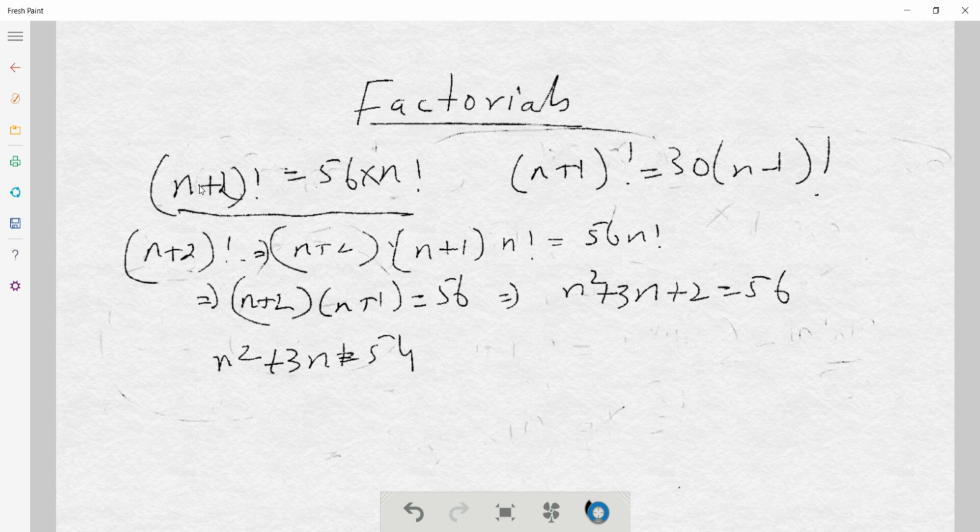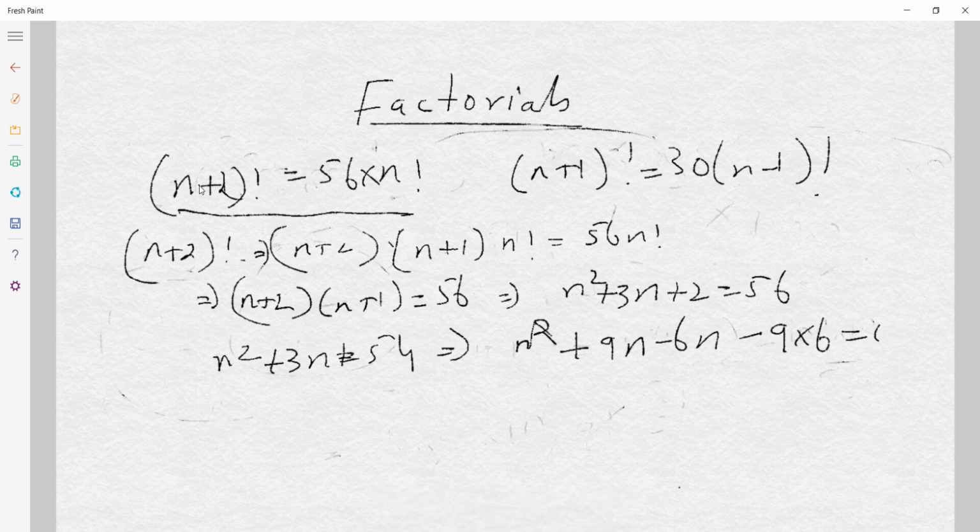Now, all those people who've done algebra, you know how to solve this one. Let's use the algebra knowledge here. It can be written as n squared plus 9n minus 6n minus 9 times 6 equals 0. So this equation will become exactly the same as this one.